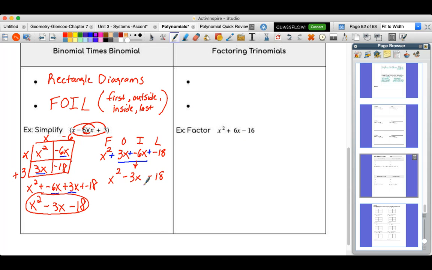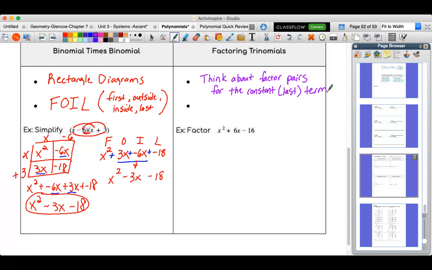All right, so when we're thinking about this, we want to think about factor pairs. Factor pairs for the constant term. In other words, usually the last term, the term without a variable.